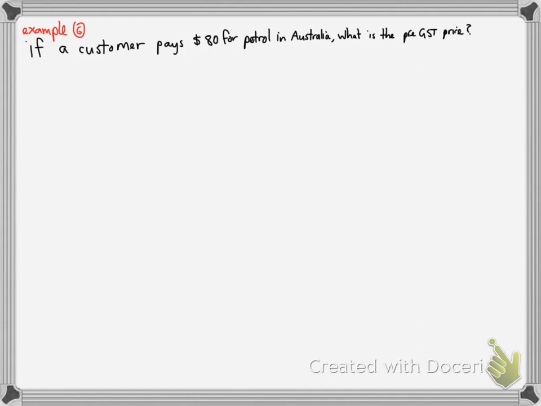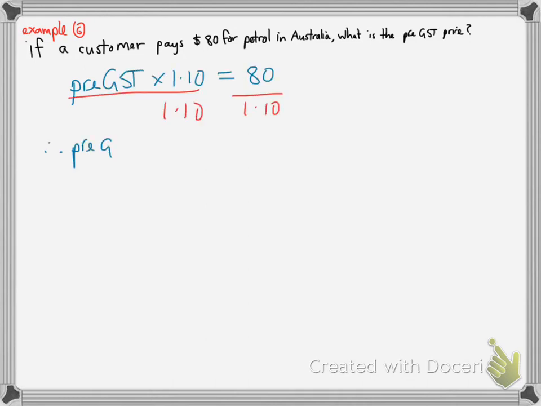Now let's say we want to work backwards and we have a customer that pays $80 for petrol in Australia. What is the pre-GST price? So this $80 represents the price after the GST has been added. So we can use the same equation as before and say the pre-GST price multiplied by 1.10 will give us the price after GST has been added.